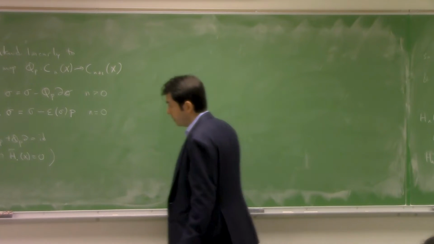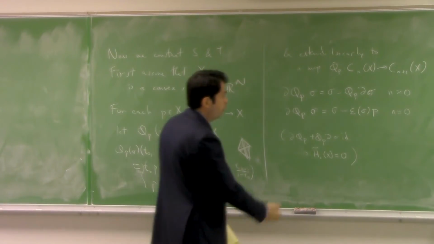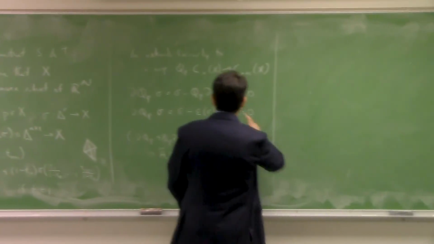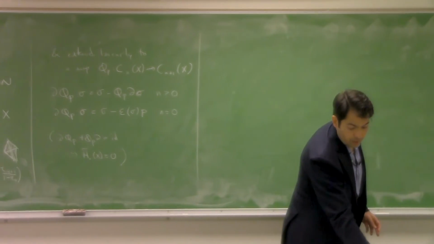Okay, well, because we're in R^n and we can talk about linear combinations, we're going to restrict to simplices that are linear.